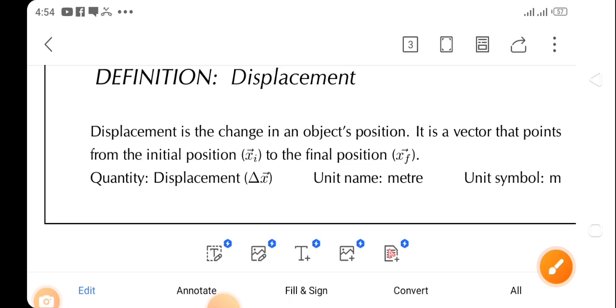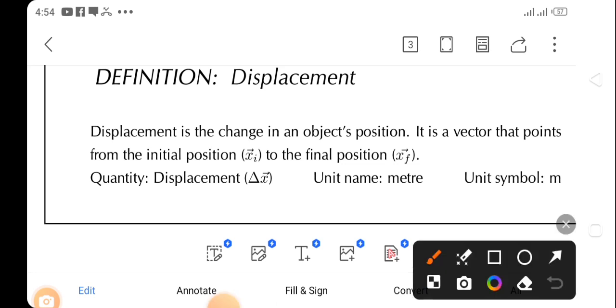Displacement is the change in an object's position. Position simply means where an object is or where an object is located. So when you change the position of an object, that is what displacement is.